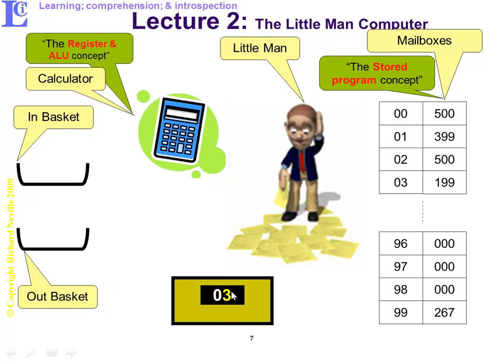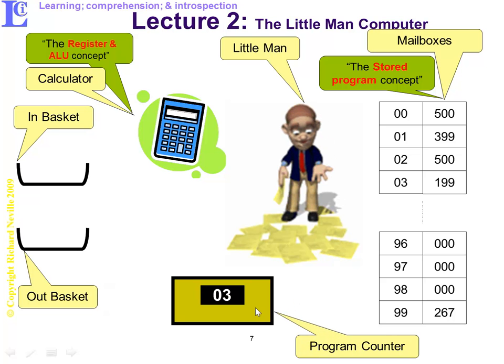Now the way the program is sequenced through is using this device. This is a counter that tells us the next address of the next instruction. So here, this counter is pointing at that location, and it points at this sheet of paper which would have to be decoded to find out what to do for this instruction. And this is called a program counter.